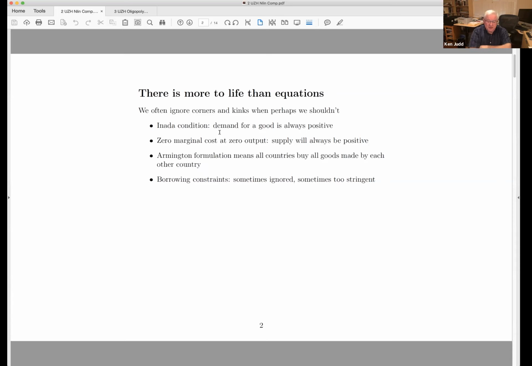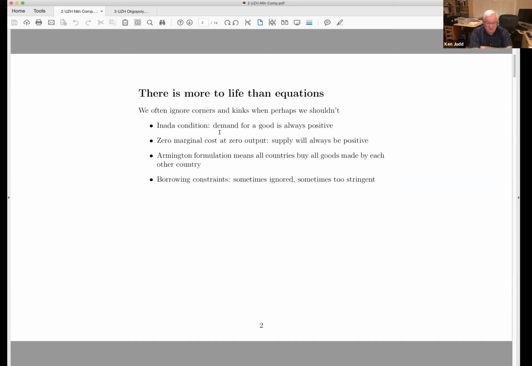You have the notes. Now, everything in economics is typically an equation. For example, we put Inada conditions on utility functions so that the demand for a good is always positive. We don't like corner solutions.